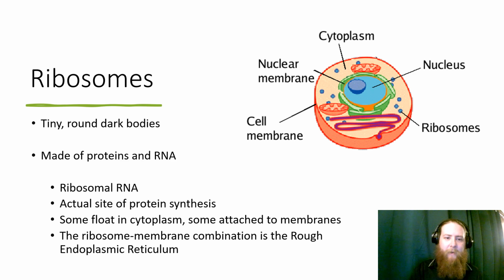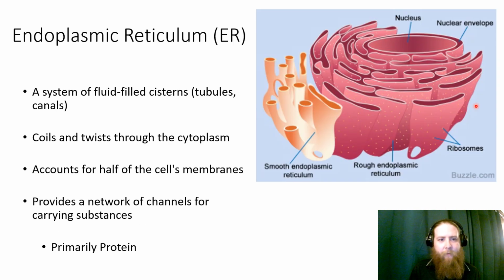The ribosome membrane combination is the rough endoplasmic reticulum. And the endoplasmic reticulums are these 2 types here. They are the rough and the smooth. They're a fluid-filled system of what we call cisterns. Think of them as tubes or canals.